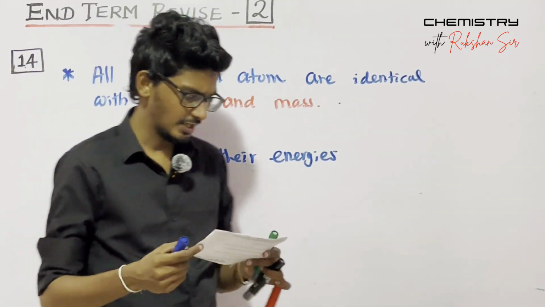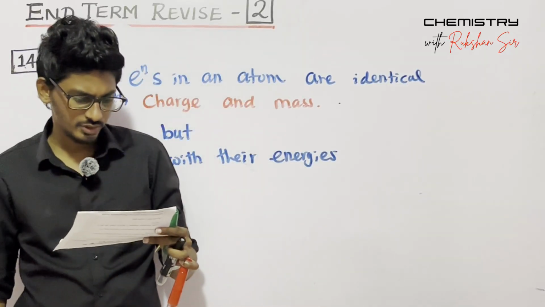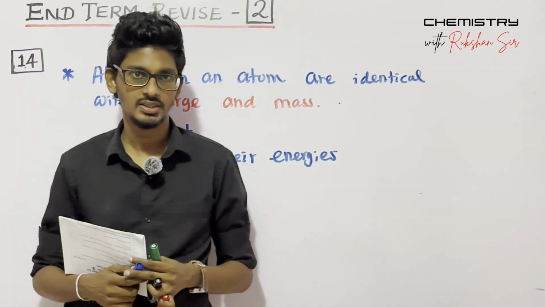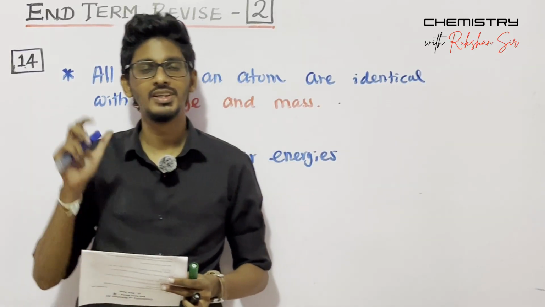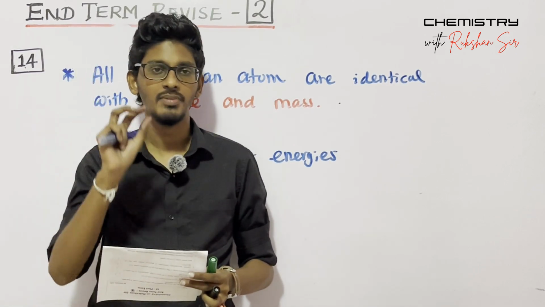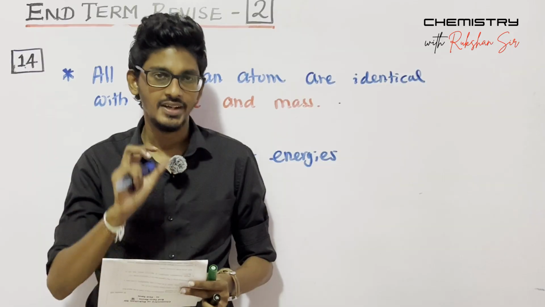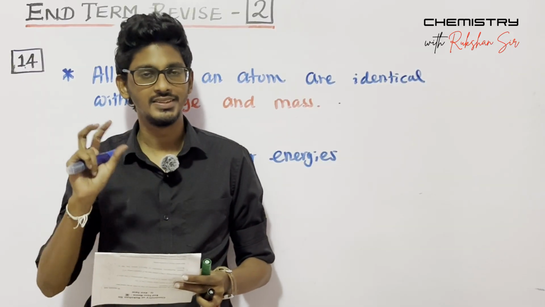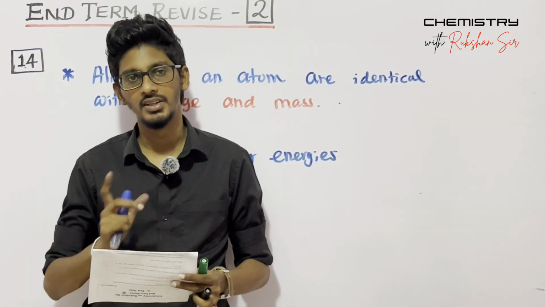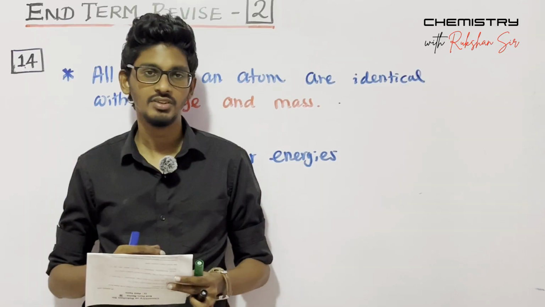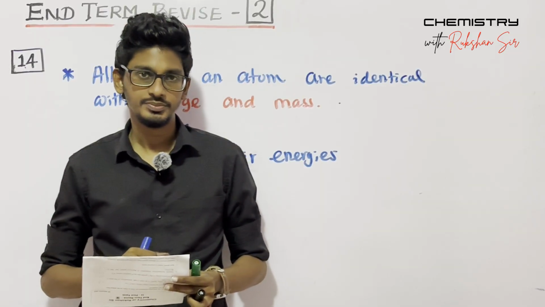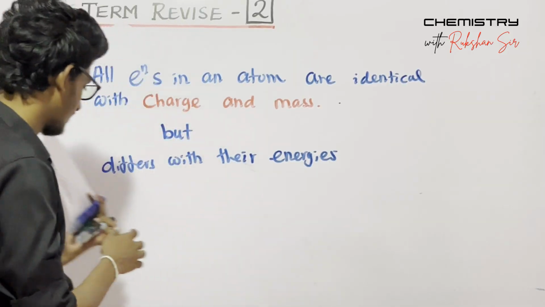The statement says all the electrons in an atom are identical. You have to take it as a false statement. If they are saying all the electrons in an atom are identical with mass and charge, then the statement is true. But if they are just saying all the electrons in an atom are identical, that is false. They will differ with their energies, right?